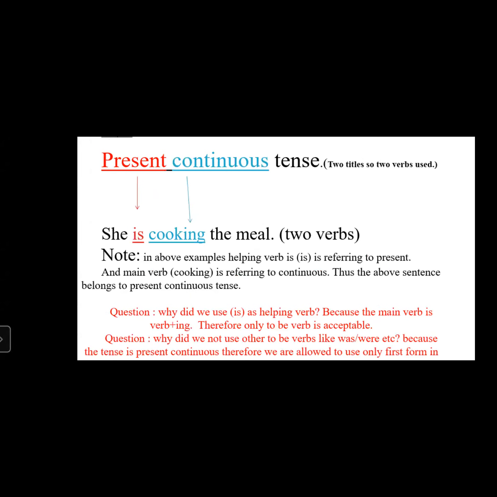जिस तरह मैंने आपको पहले ही बता चुका हूं कि जब भी प्रेजेंट आएगा तो प्रेजेंट को इंडिकेट करने के लिए we will always go for first form, we will always go for ing form. तो ये है प्रेजेंट कंटिन्यूअस टेंस। तो जब प्रेजेंट कंटिन्यूअस टेंस होगा, it means we will have to use two verbs, one for present and one for continuous.